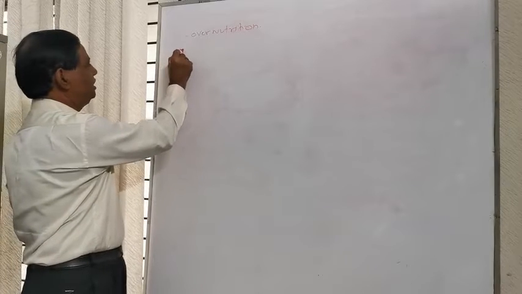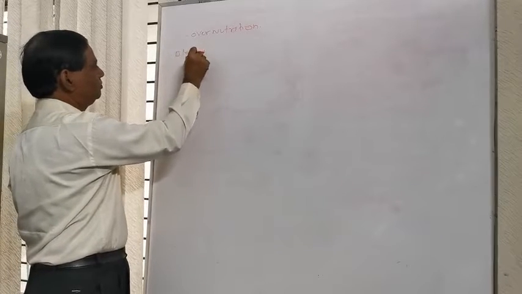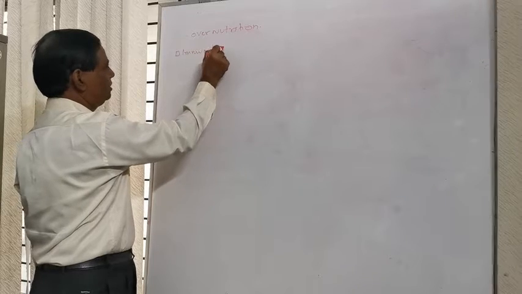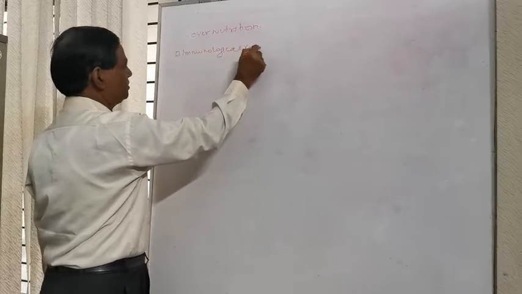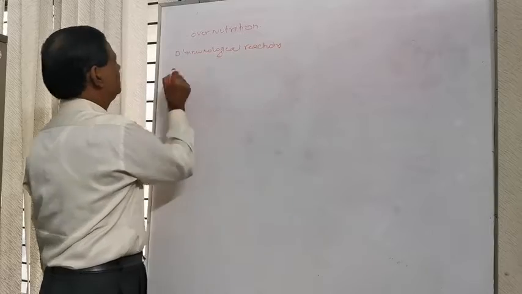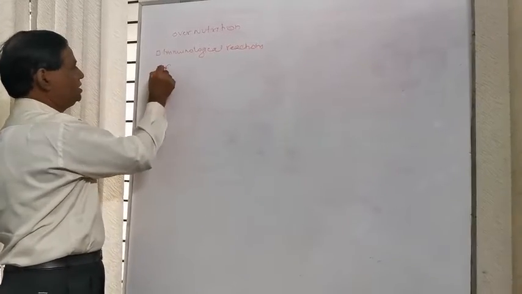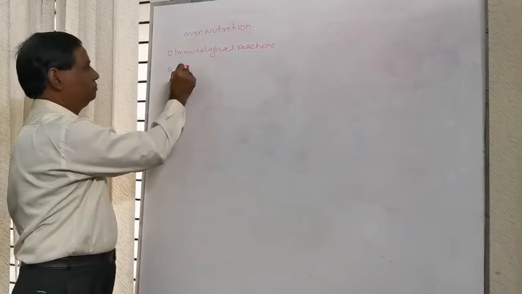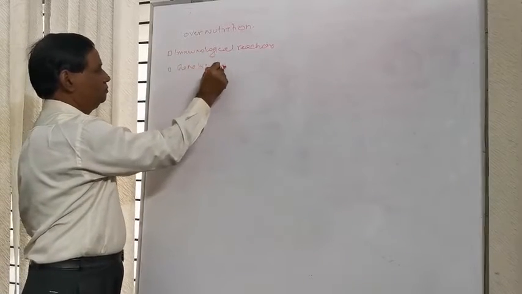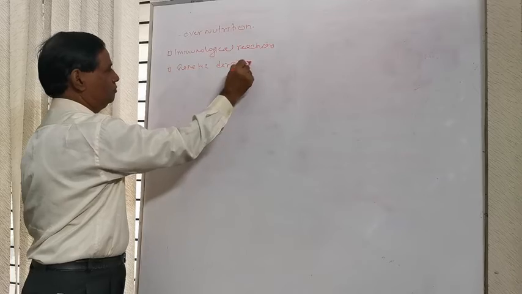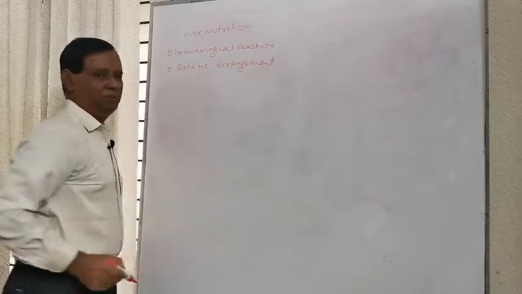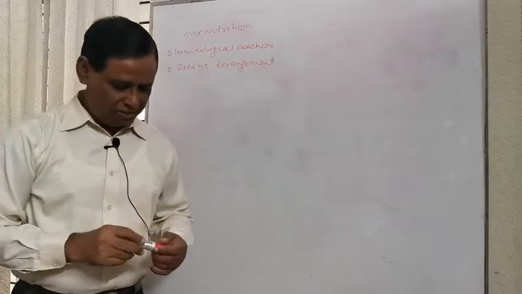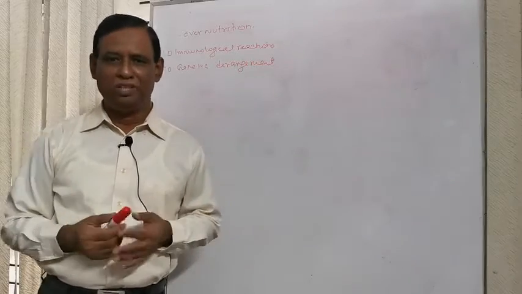Then immunological reactions. And we can say another, genetic derangement. So these are the different stimulus that can stimulate the cell.